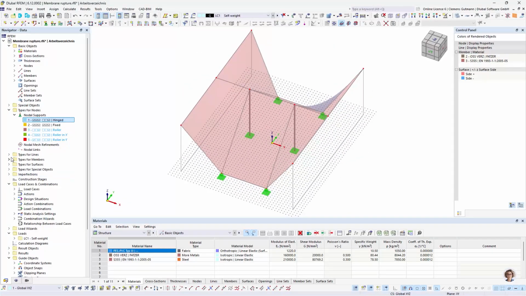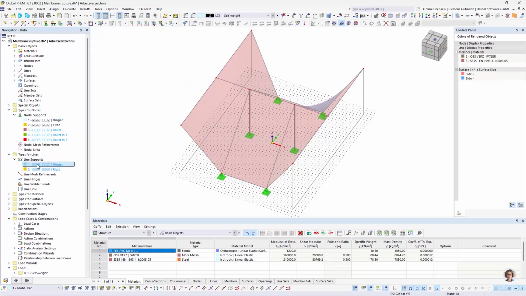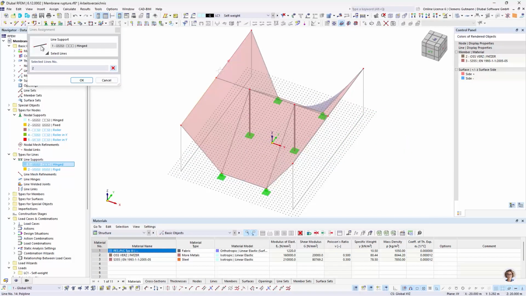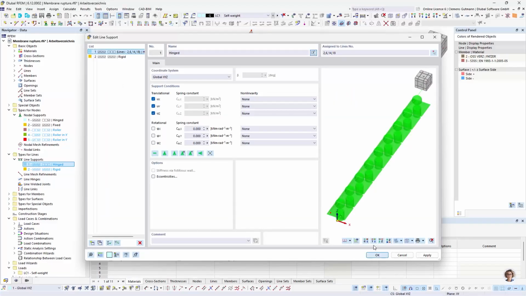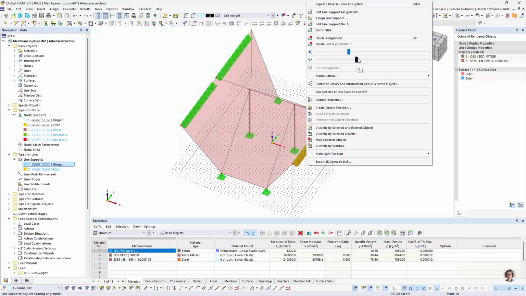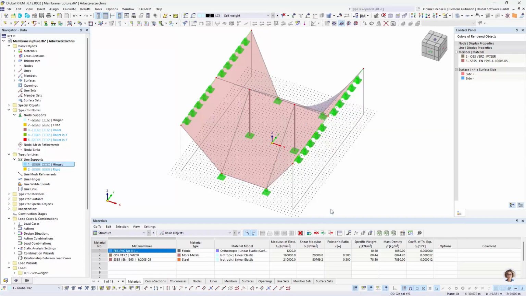And then, last but not least, we have some line supports at the top of the walls. All right. Here. Here. Okay.